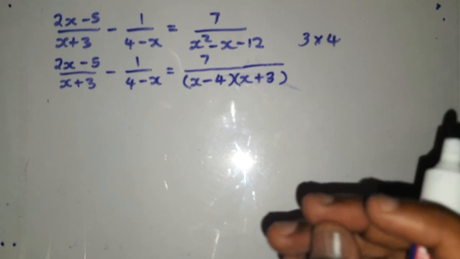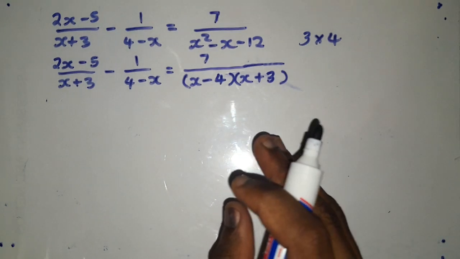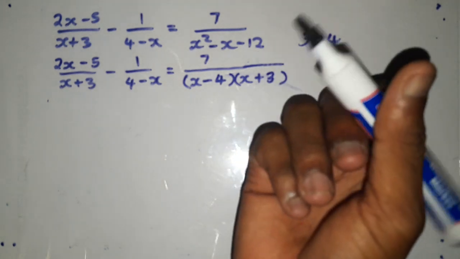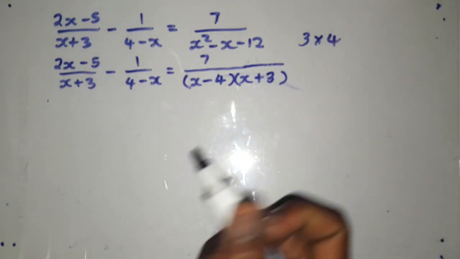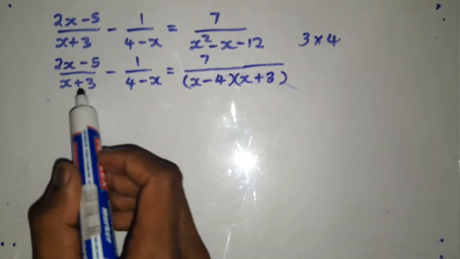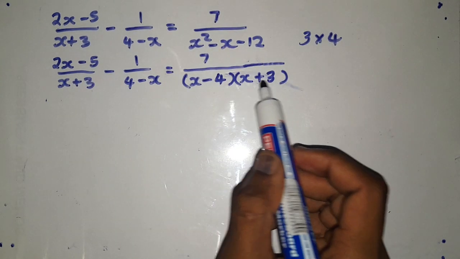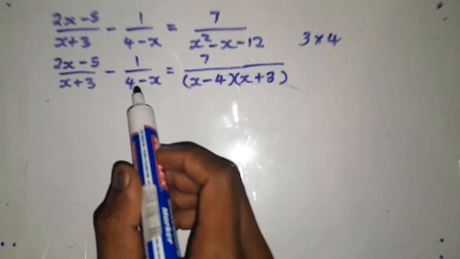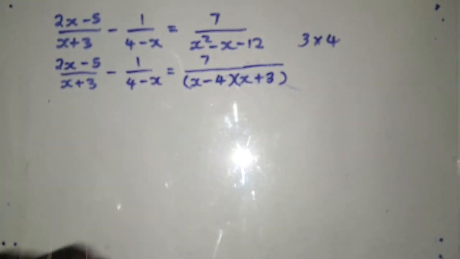Immediately after doing this, you can do your restriction. Firstly, let us check our denominators. We have x plus 3, we also have x plus 3. This side we have x minus 4, this side we have 4 minus x.